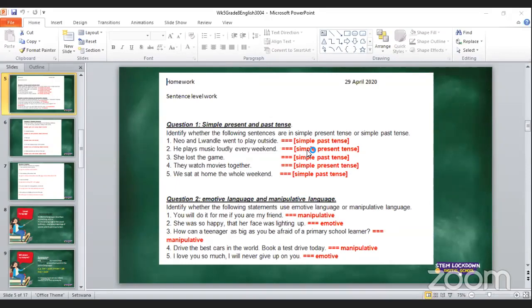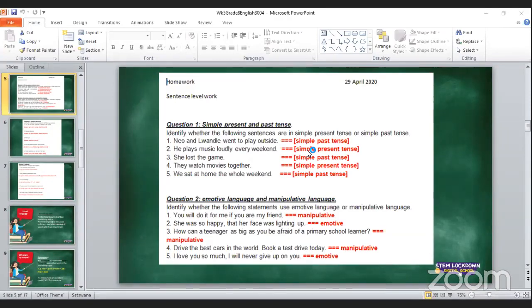Question 2 was about emotive language and manipulative language. I think you will find the answers straightforward, not as complicated as the questions really look.